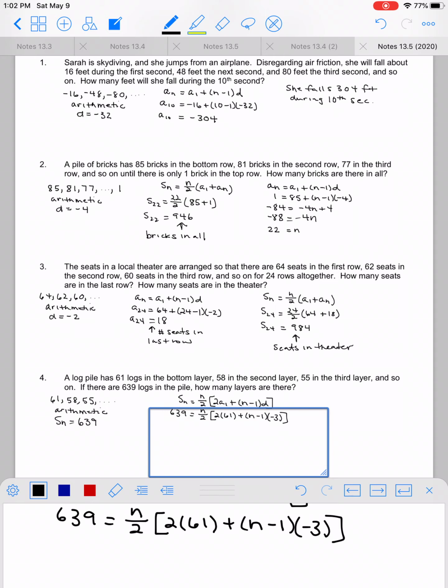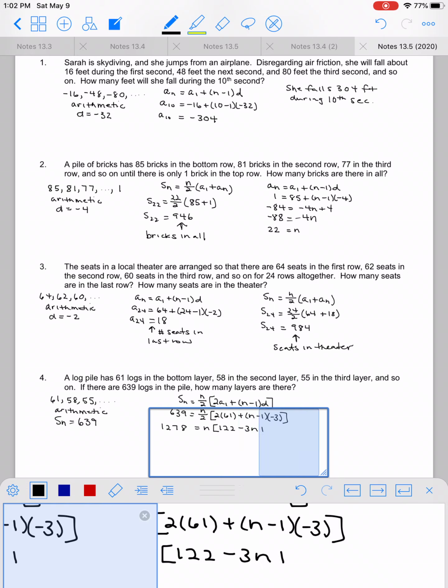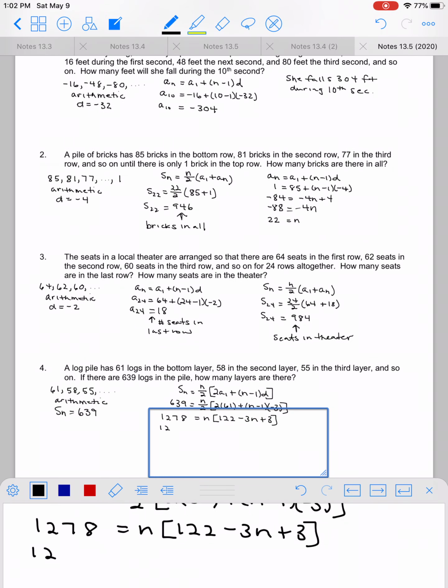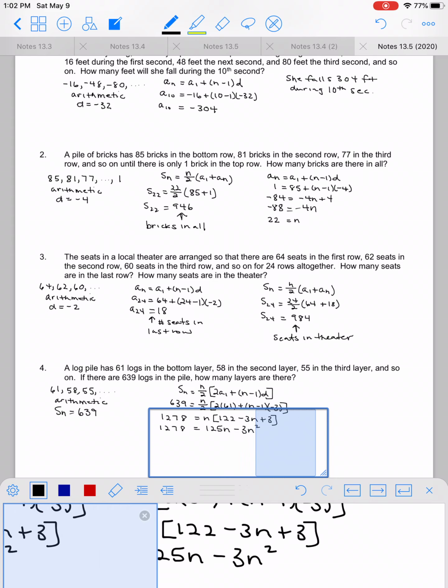Now we have to solve for n. First thing first, clear the fraction, double over here, 1278 equals n times 122 minus 3n plus 3 in there, and that gives us 1278 equals 125n minus 3n squared.